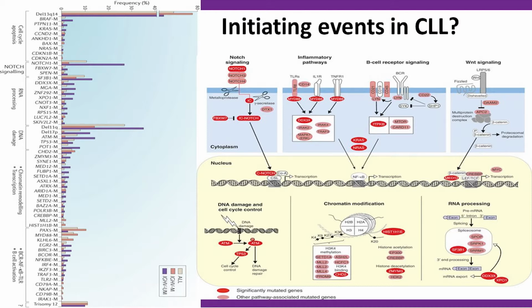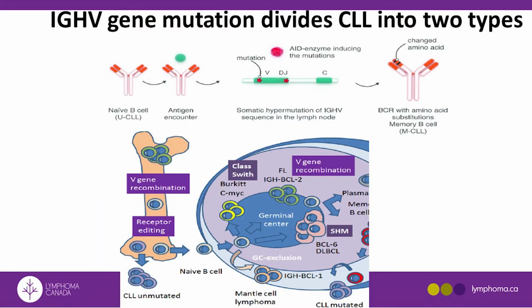So signals from a pathway called the Notch signaling pathway are also important and always on in driving the growth of CLL cells. And then the usual culprits in cancer development, the inactivation of genes involved in controlling DNA damage, getting rid of cells that are too damaged.